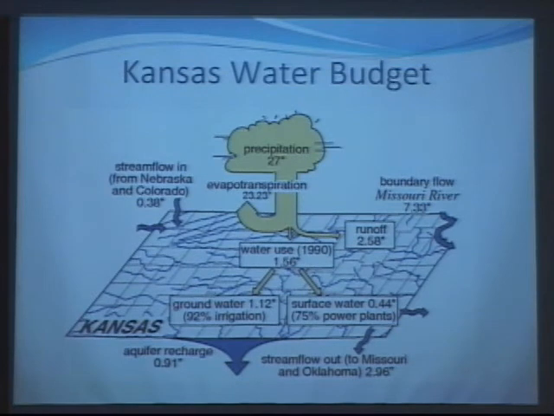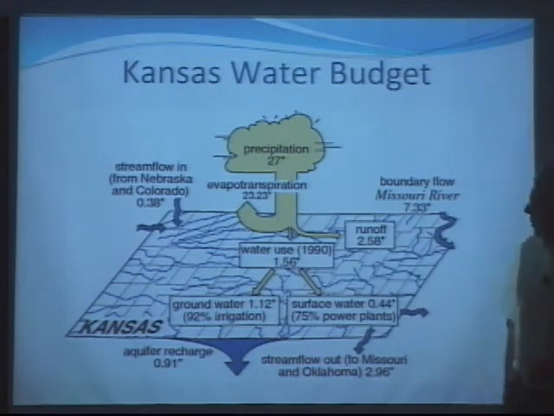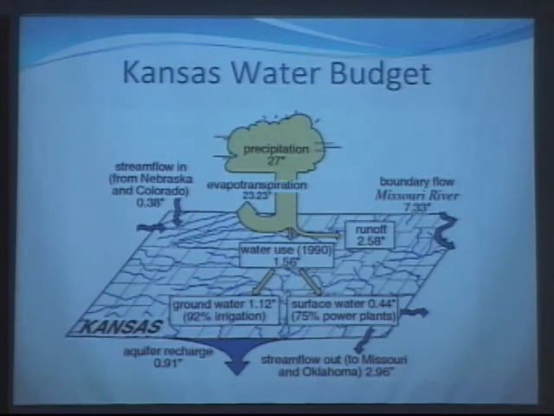So a depth of water of a little over 2½ inches over the whole state is the amount of water that eventually gets to a stream or to a reservoir. Then a little over 1½ inches is the amount of water that is used for beneficial uses by industry, by cities and municipalities, and for irrigation.